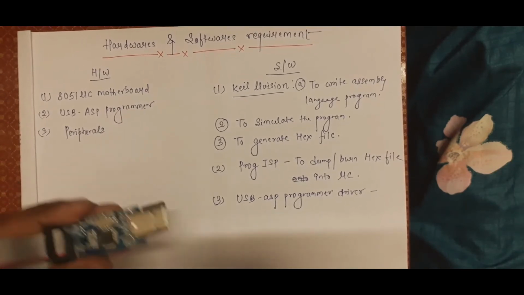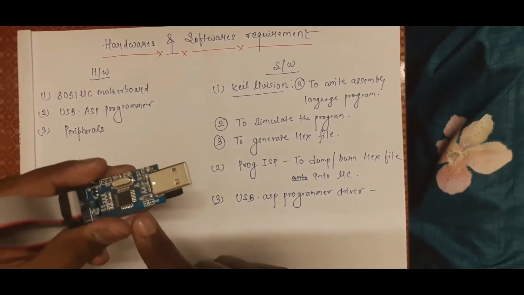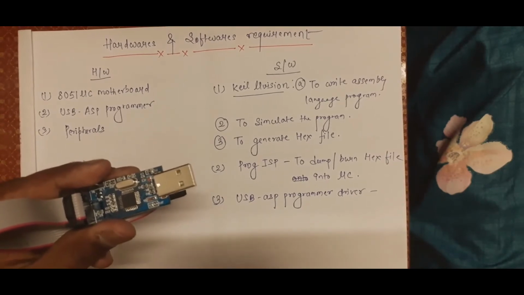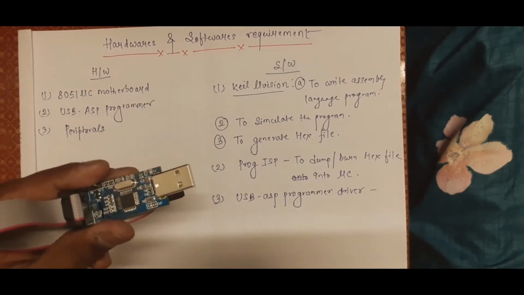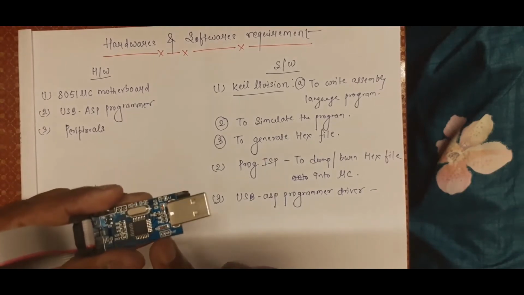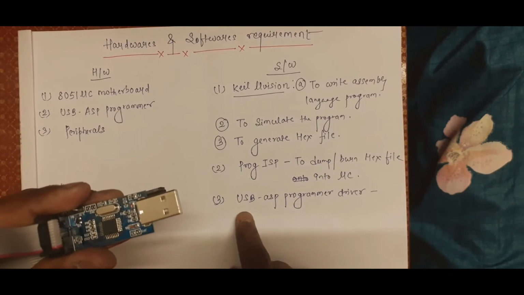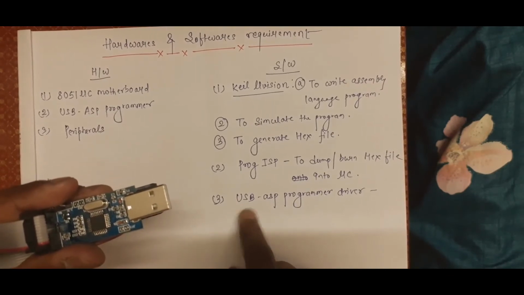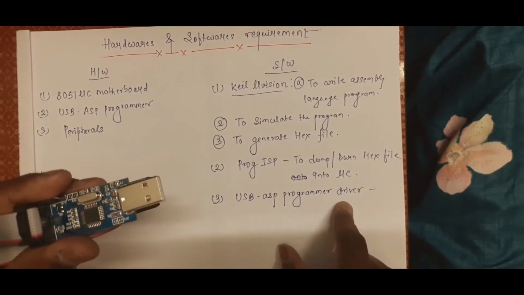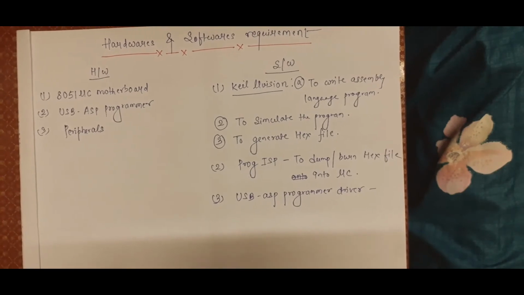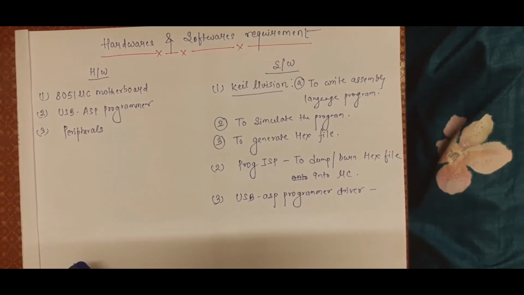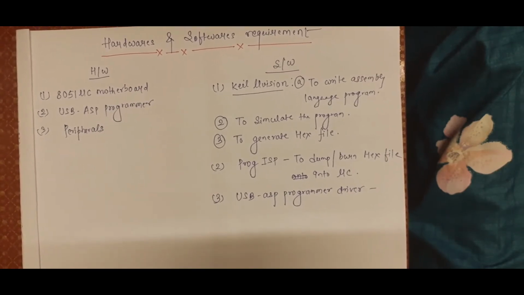So before using this USB ASP programmer, you have to install its driver in your computer or laptop. Then only you can use this particular hardware. So that is why the third software you require is USB ASP Programmer driver. So basically we need 3 hardwares and 3 softwares to build any project using 8051 microcontroller. Peripherals will be totally dependent on the applications.